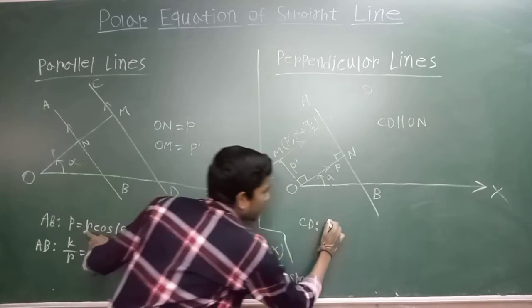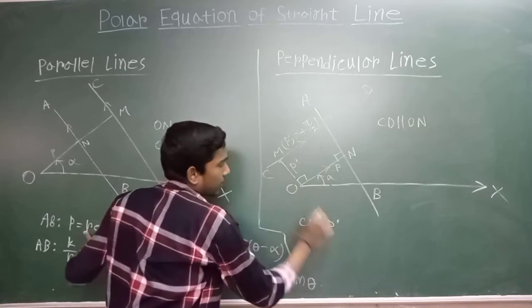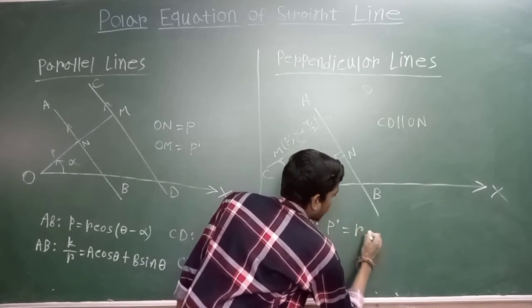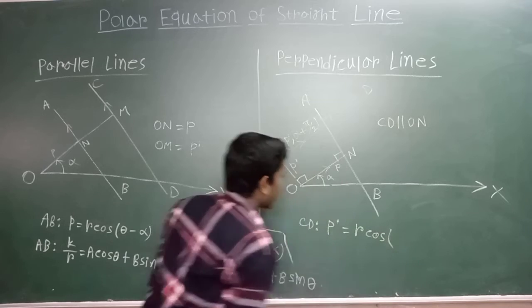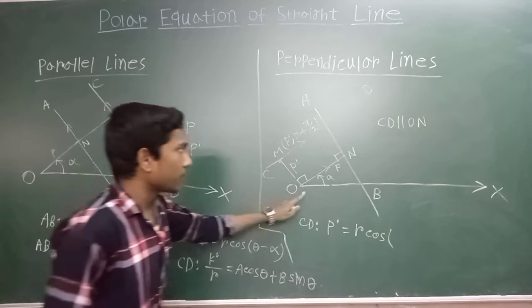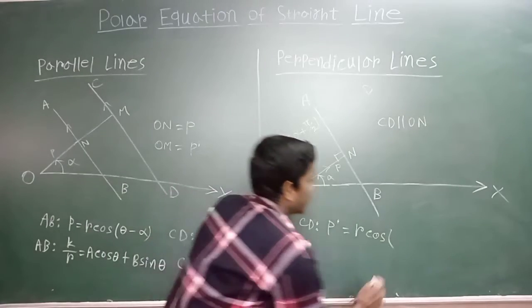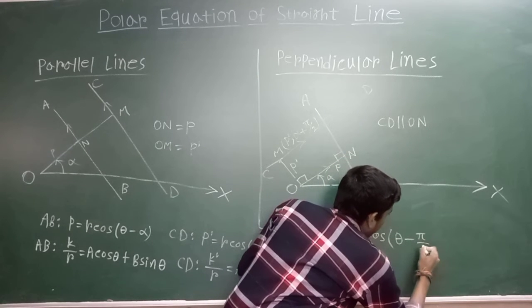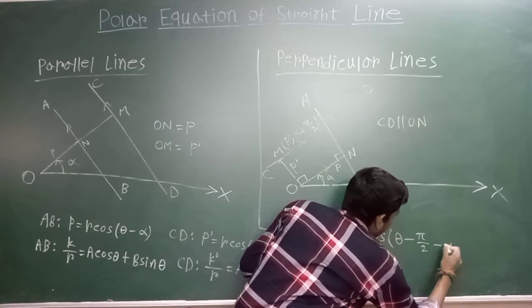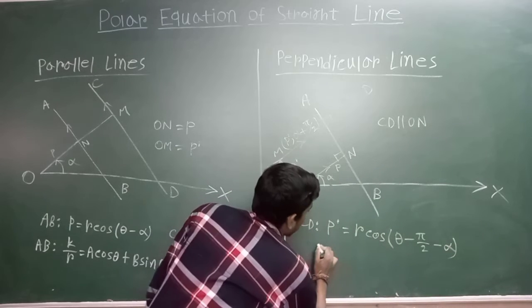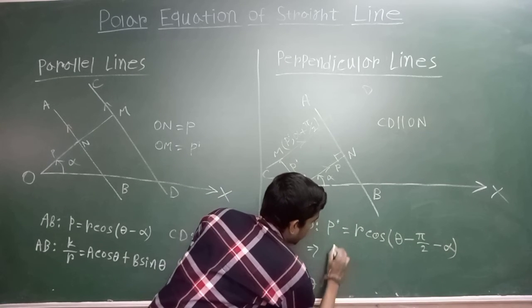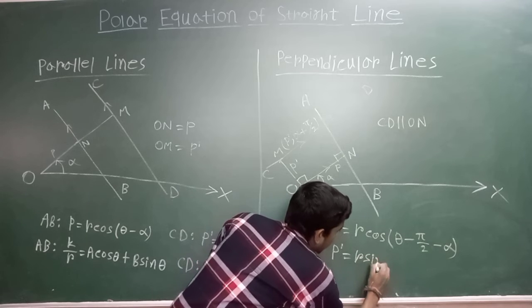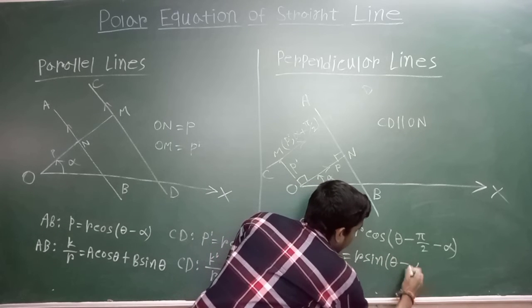In place of p we write p dash = r cos(theta minus alpha), and in place of alpha we write alpha plus pi/2. So r cos(theta minus pi/2 minus alpha), and this becomes p dash = r sin(theta minus alpha).